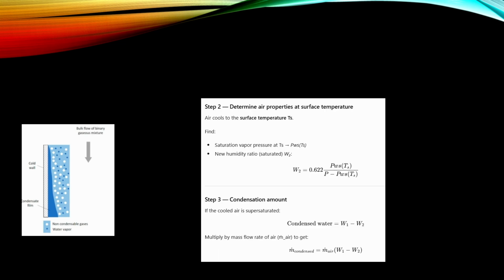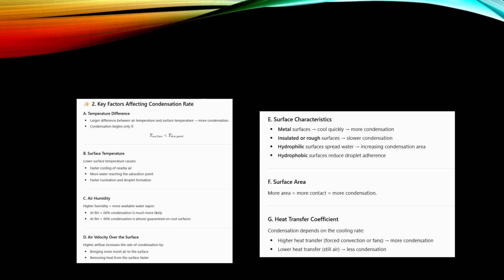The next step is that we need to calculate the humidity value at surface temperature. We use the saturation vapor pressure at surface temperature, and when we have the calculated humidity values, we can calculate the amount of condensed water.